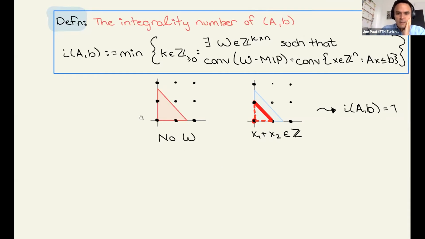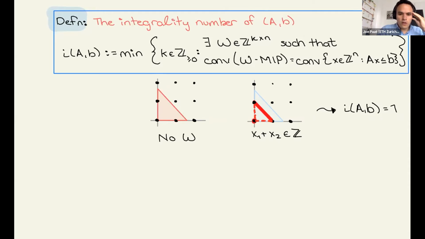And so in this example that we started with, if we don't add any integer constraints, then we're left with our original polyhedron, which is not the integer hull. But as we saw, we can get away with only adding one constraint. Okay, so here the integrality number would be 1.